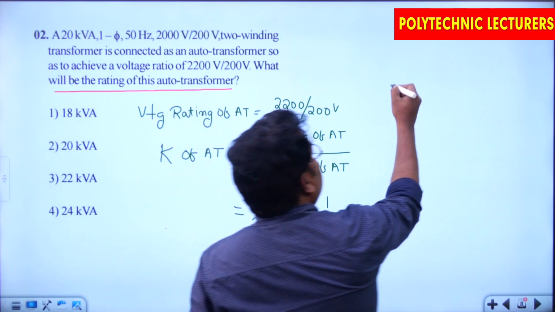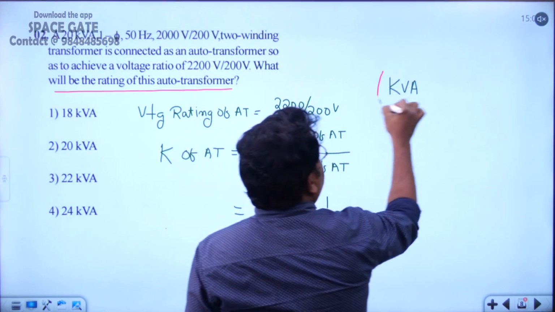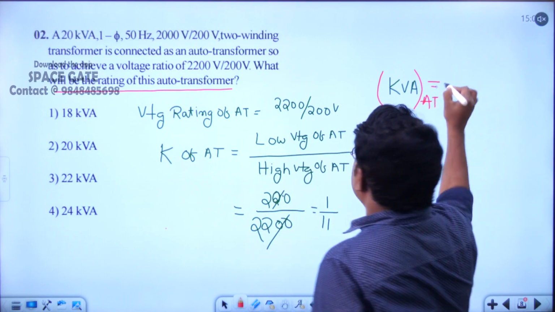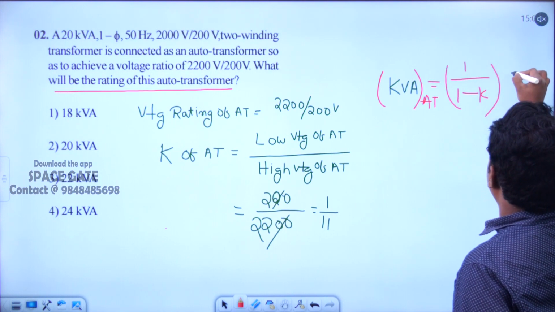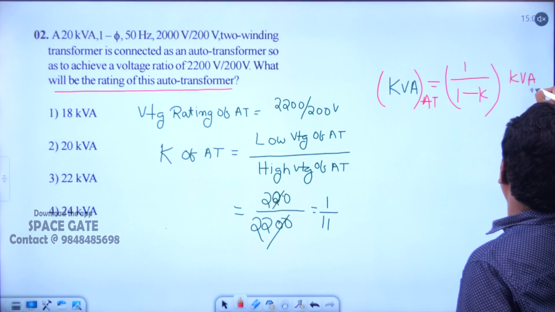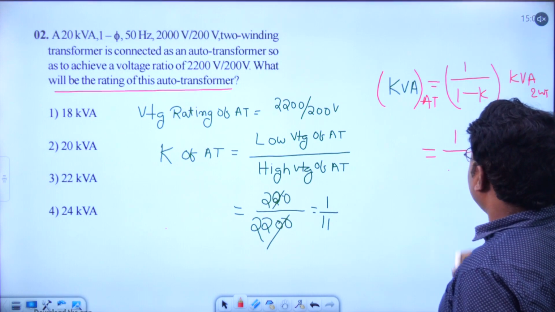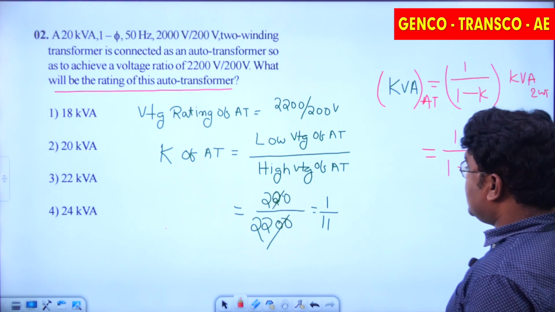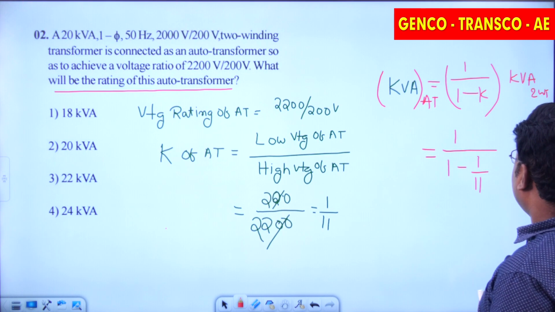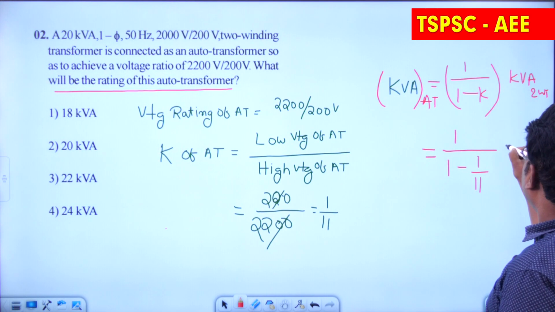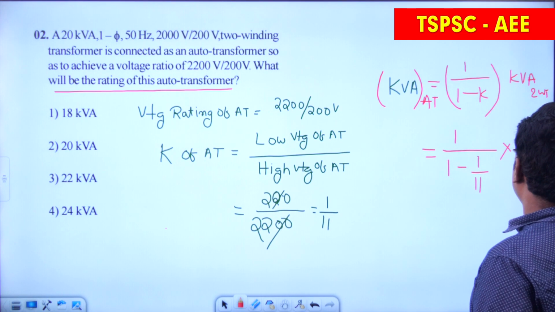Now we can find the kVA rating of the auto transformer, which is equal to 1 by 1 minus K times the kVA rating of the two winding transformer. So this is 1 by 1 minus 1 by 11, multiplied by the kVA rating of the two winding transformer, which is 20 kVA.